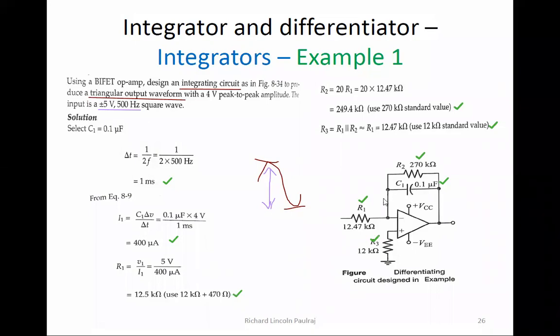So C1, R1, R2, R3. What we have done here is take C1 as a standard value, 0.1 microfarad, and the remaining are calculated as usual. The important thing is this formula: R2 is always 20 times R1, or if you want to find R1, then R2 divided by 20.